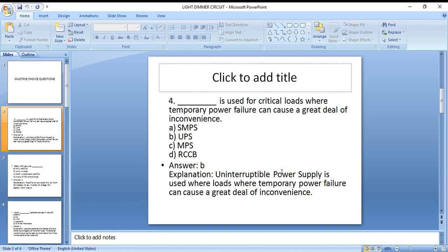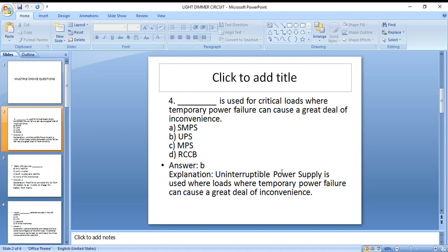The explanation for this is that an uninterrupted power supply is used where temporary power failure can cause a great deal of inconvenience, like critical loads such as hospitals, computers, banks, where continuous power supply is required for electronic devices and where an emergency is involved.